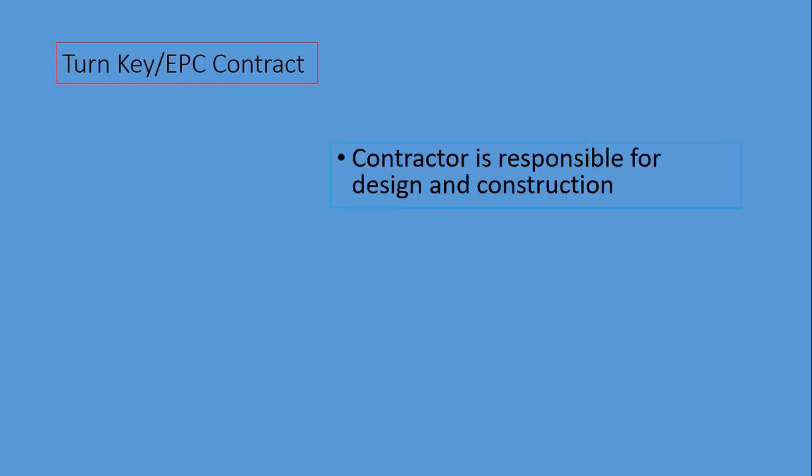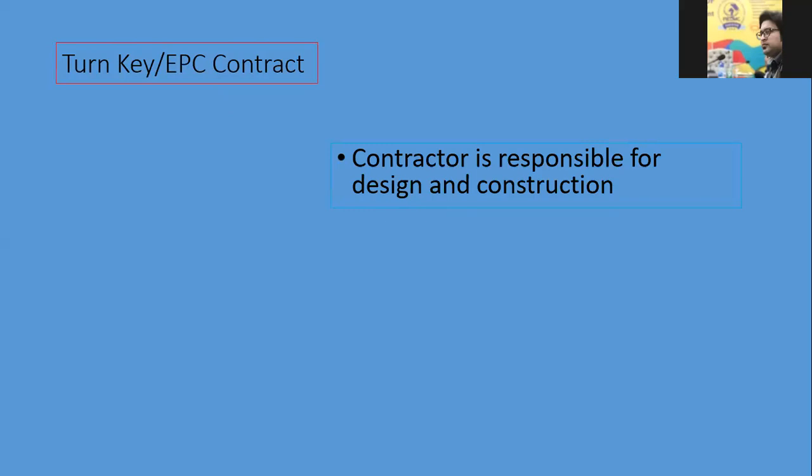So what is an EPC contract? In an EPC contract, you will observe that the contractor is responsible for design and construction. Actually, the contractor is responsible for E, which stands for engineering or design, P for procurement, and C for construction. So the contractor is responsible for each and everything. In this case, the client will not provide the design.